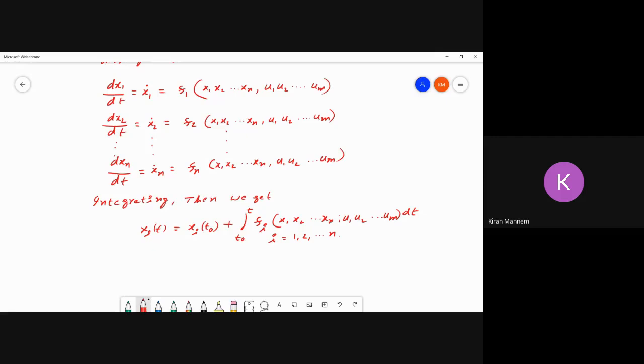Right. Or I can say directly x dot of t is equal to function of x of t, if we represent with some vectors, it is a time invariant.